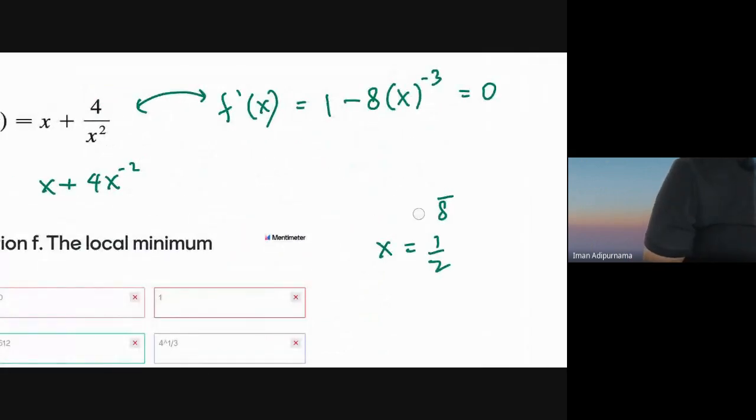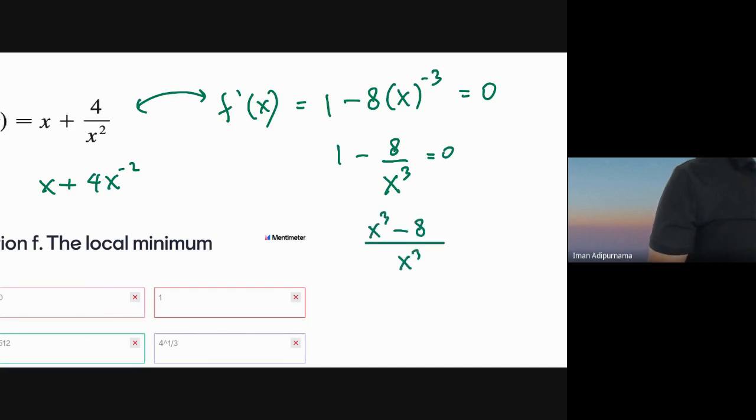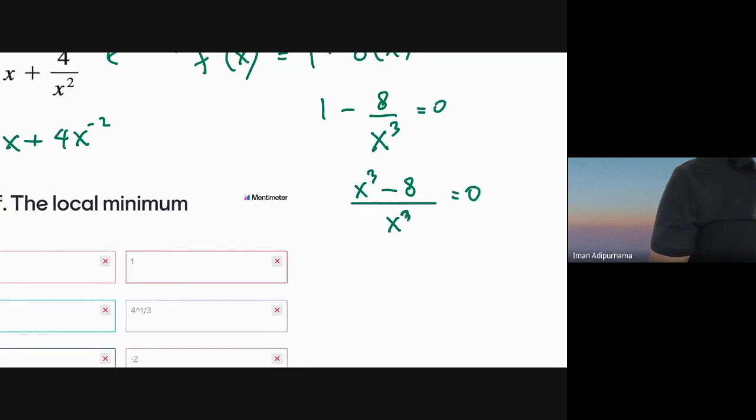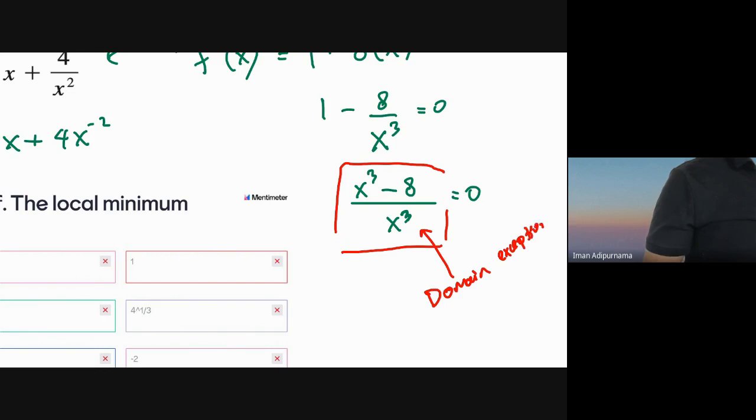It's wrong. 1. This is correct, right? And then, don't forget to make this form here, because you have a domain exception. So actually, you will have a hole in the function. So x will be 2.